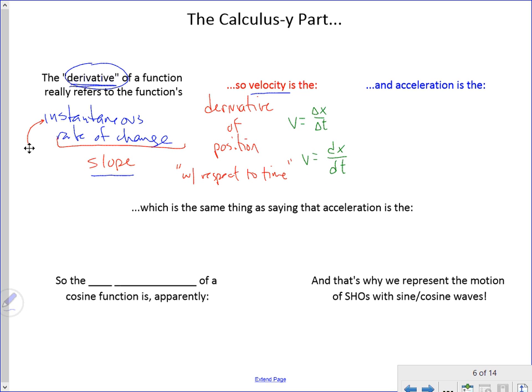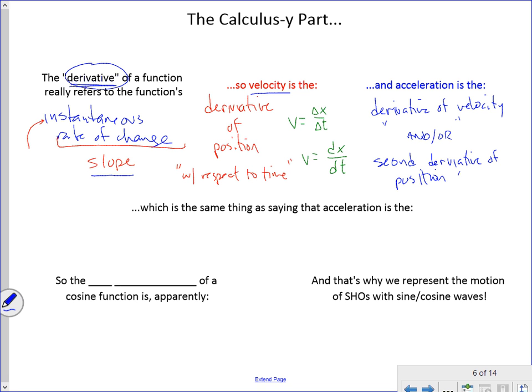Acceleration, since that's the slope of a v-t graph, is the derivative of velocity with respect to time.